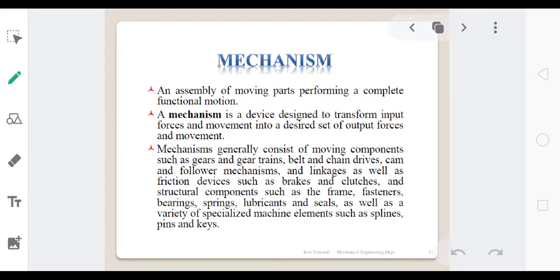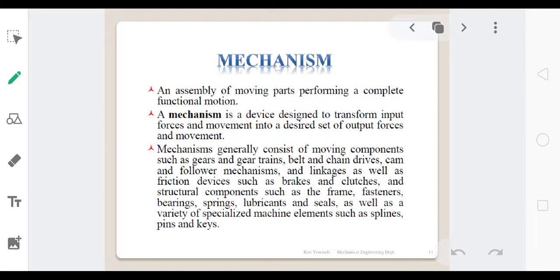Now what is a mechanism? We have already studied the structure. A mechanism is again an assembly of moving parts. What is the difference between structure and mechanism? A structure is an assembly of fixed parts having permanent or fixed joints, while a mechanism is an assembly of moving parts performing a complete functional motion.